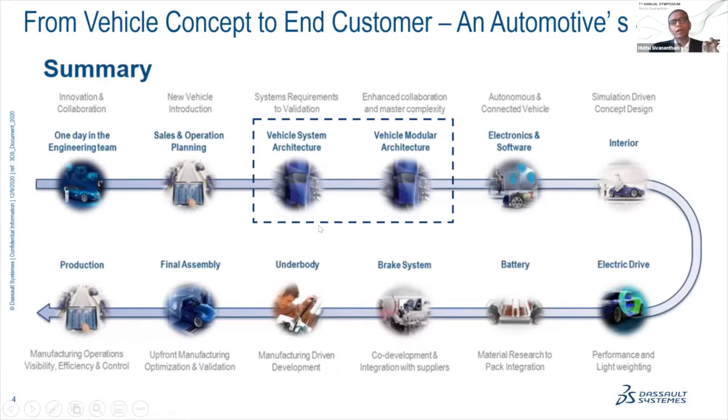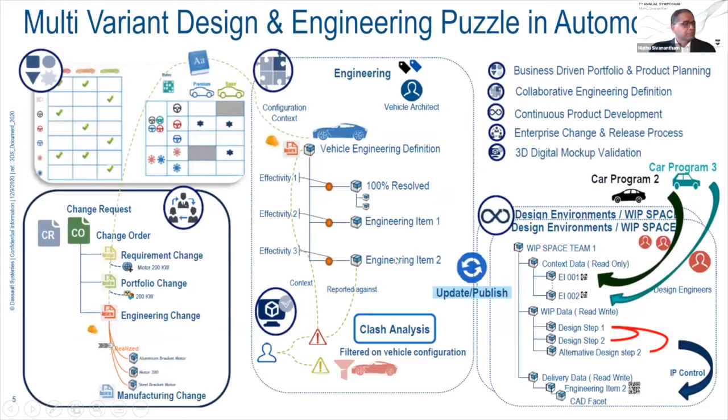So let's take a deeper look into the engineering and vehicle development process. I apologize for this complicated chart. Basically, every OEM looks for economy of scale. Products are becoming more and more complex, and companies recognize that product personalization is critical to business success.